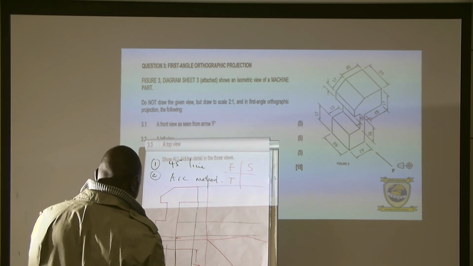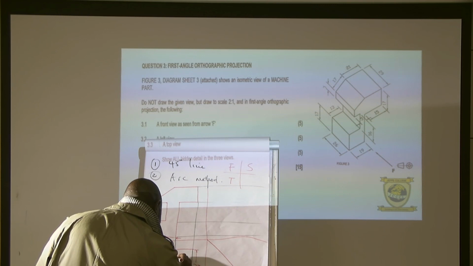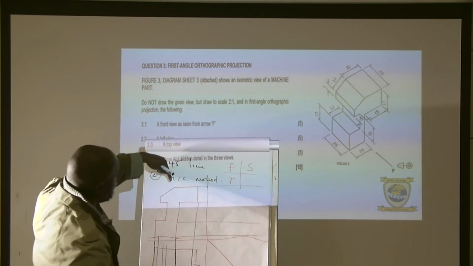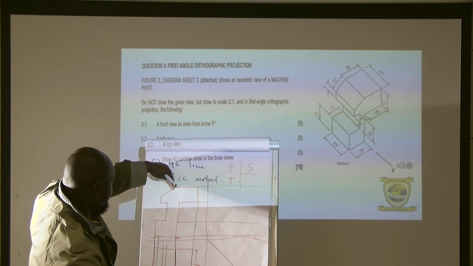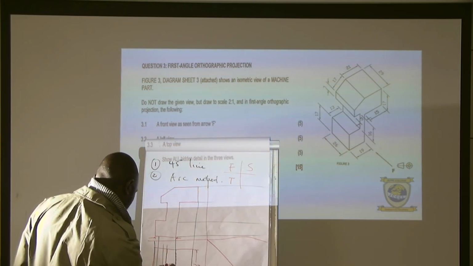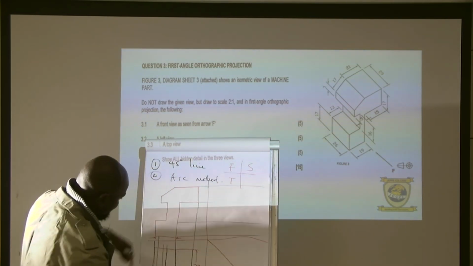So we have that one as a visible line. We have this second line here as a hidden line, so it will come to us dotted. We have that then as a visible line, so it will be a solid line.